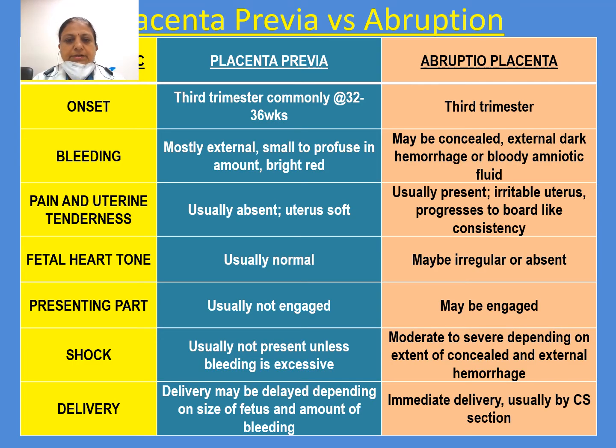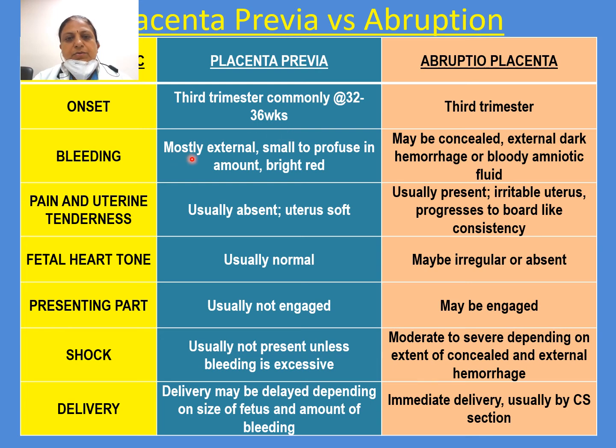Now let us see the differentiation between the placenta previa, which is the most common differential diagnosis of the abruptio placentae. Coming to the onset, usually the placenta previa is seen in the third trimester between 32 to 36 weeks, and this is the timing for abruptio placentae also.